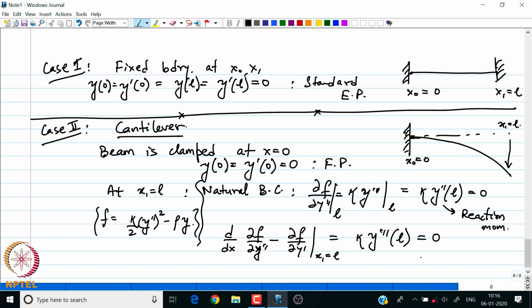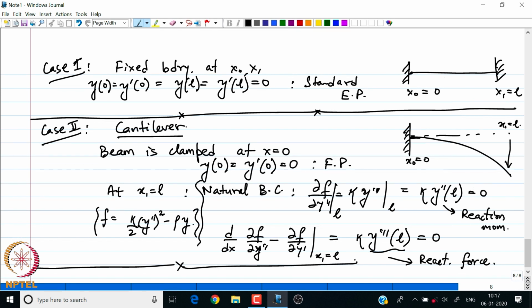So, this one is my reaction force. So, then we now have 4 boundary conditions and the problem is now fully defined.